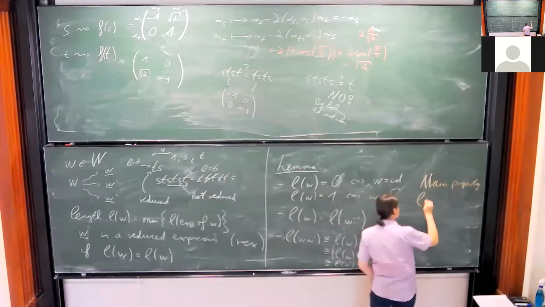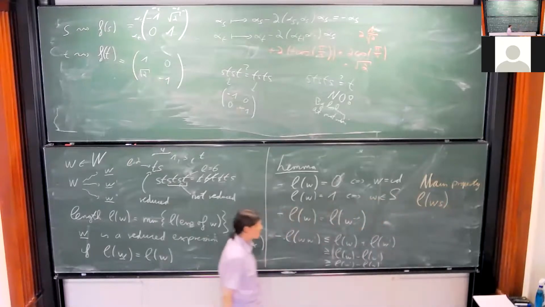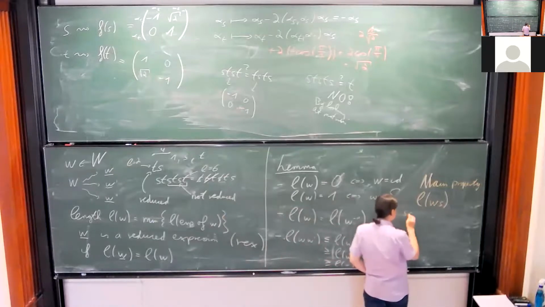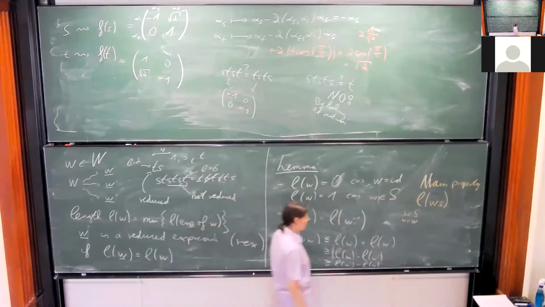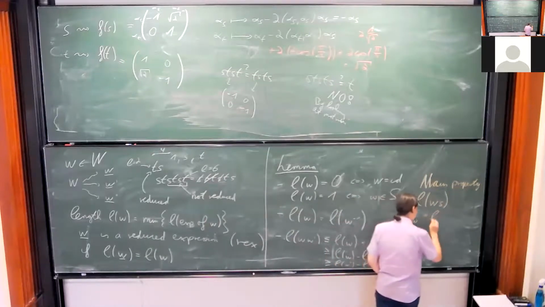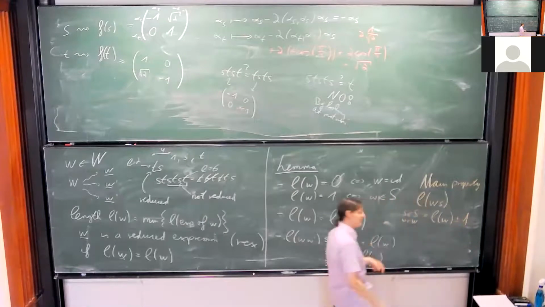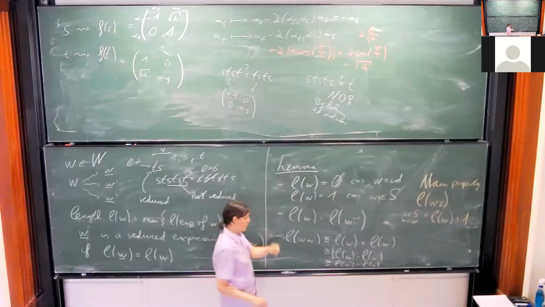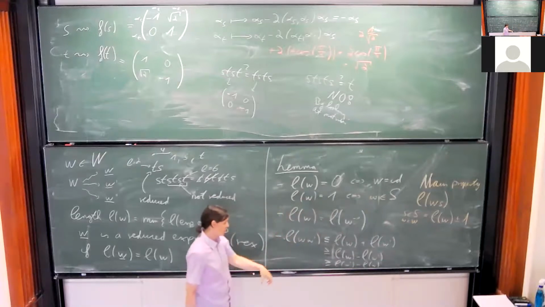The length of W times S, where S is in S and W is anything, is not equal, of course, but it's the length of W plus or minus 1. So it either goes up or it goes down. Multiplying with a generator will get the length up or down.